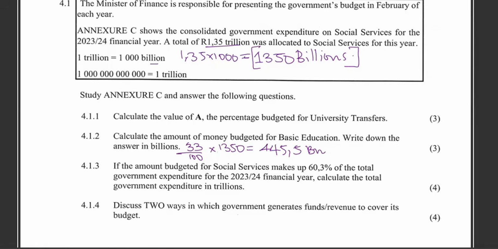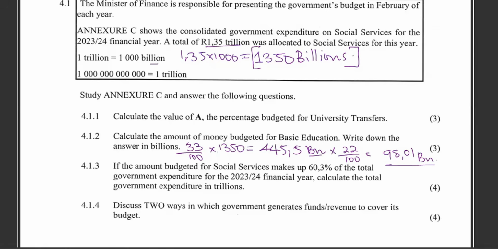Okay? Then of this, the education is taking 22%. So we shall multiply by 22% and we shall end up having the answer as 98.01. Don't forget the word billion on your answer.